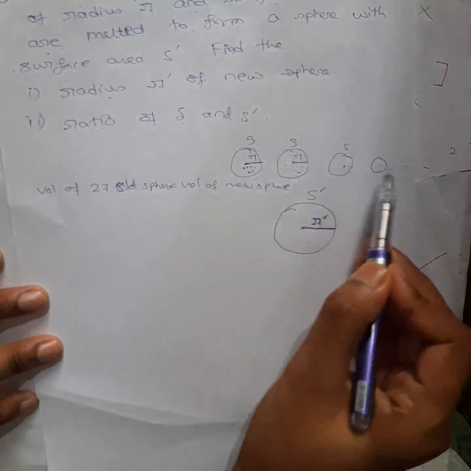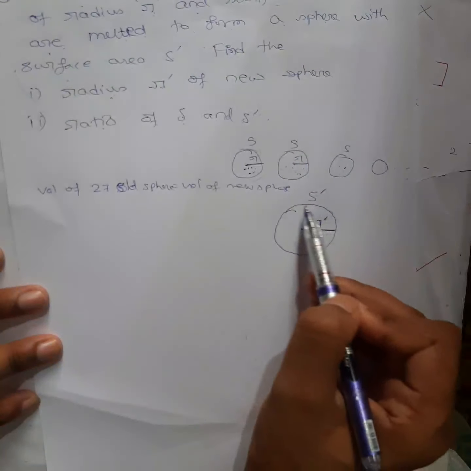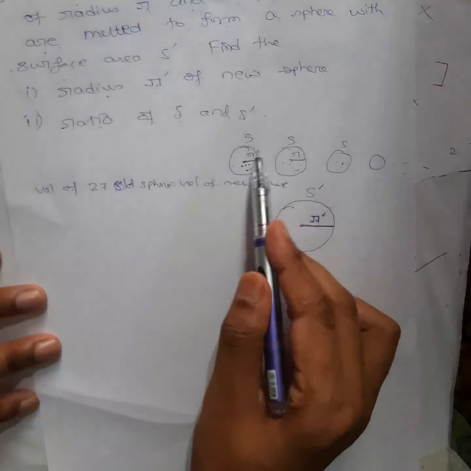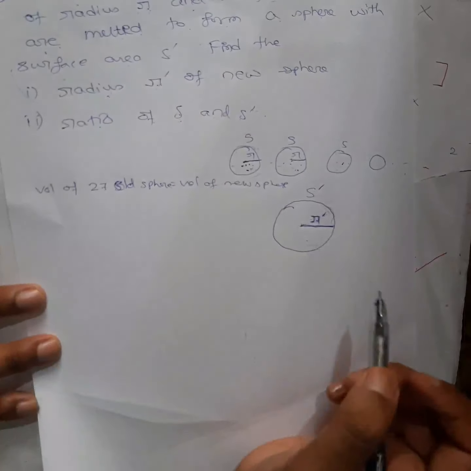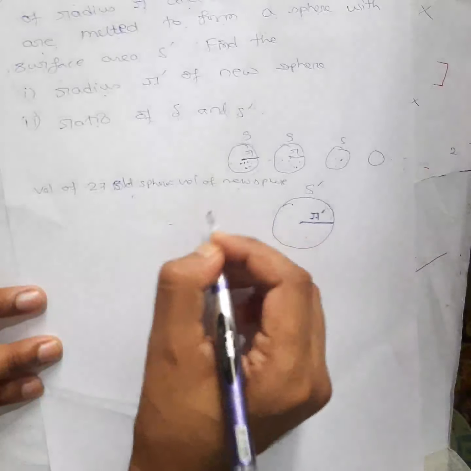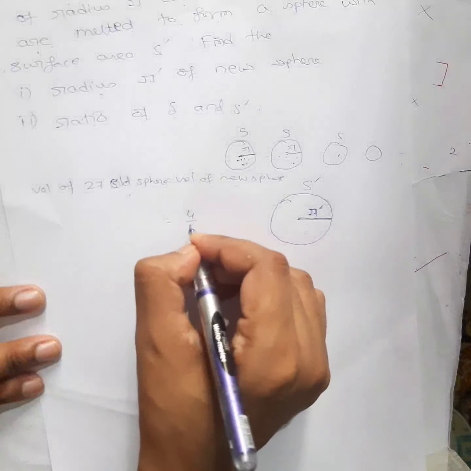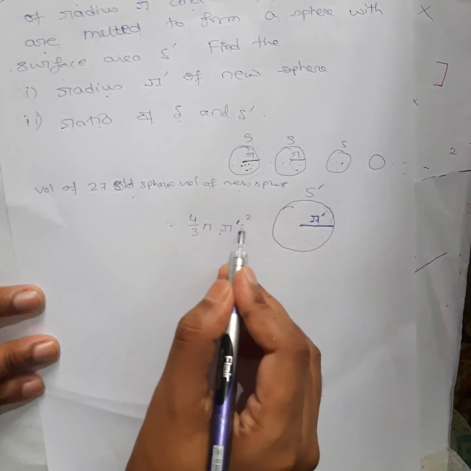So obviously the amount of material will be the same here also. So I can write, volume of 27 old spheres will be equal to volume of the new sphere. So this is an equation I can make. Now see, in this equation r dash will be there or not? Obviously the volume of the new sphere will be 4 by 3 pi r dash cube. I have r dash, right?